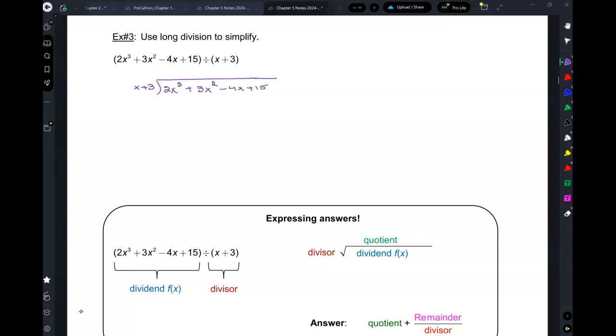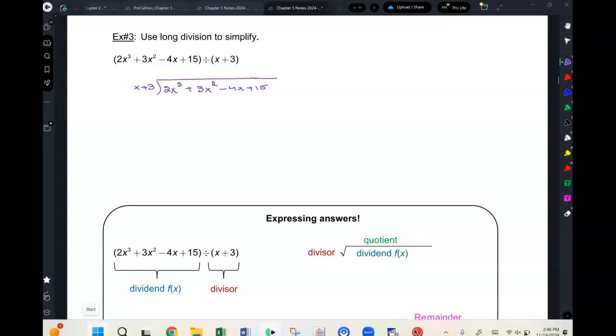Now, before we start this one, let's pause. Before you actually start, there's one thing that you have to do. You have to make sure your polynomial, your dividend in here, is written in standard form.